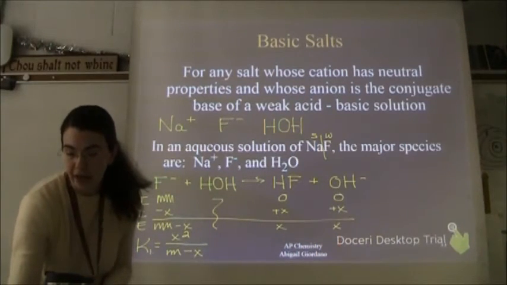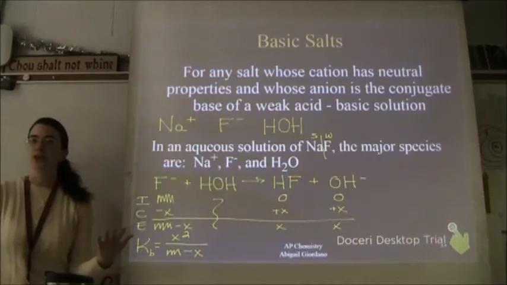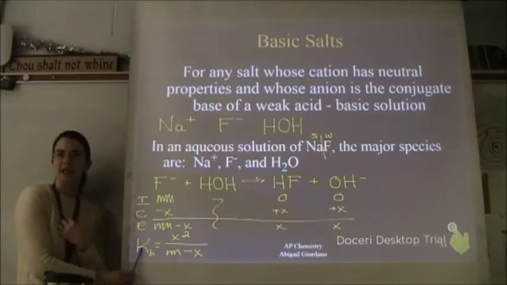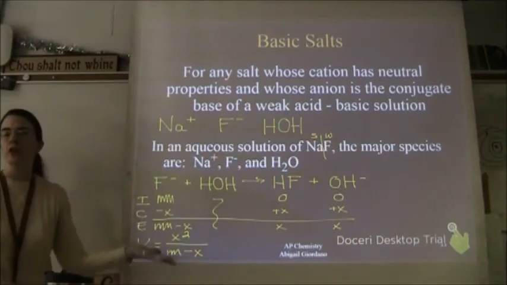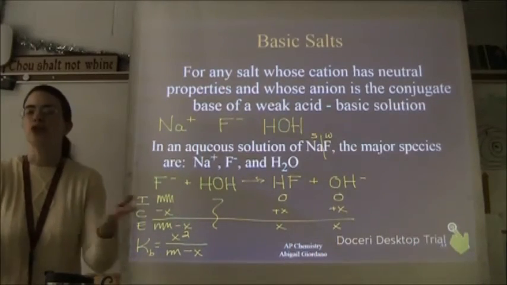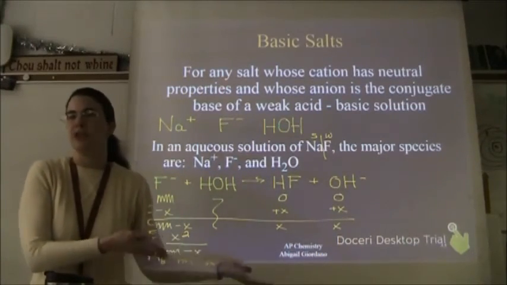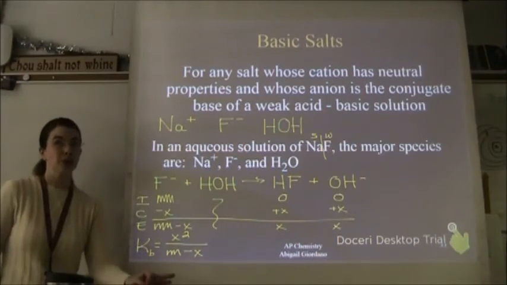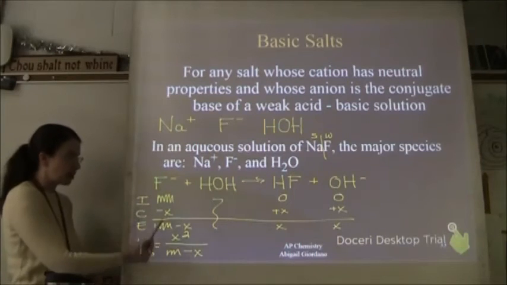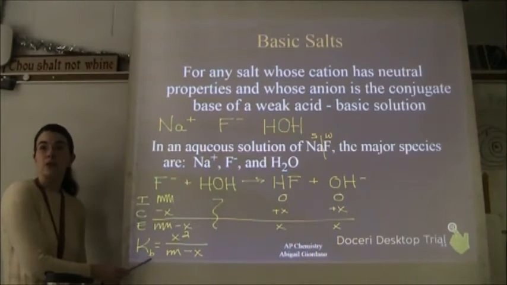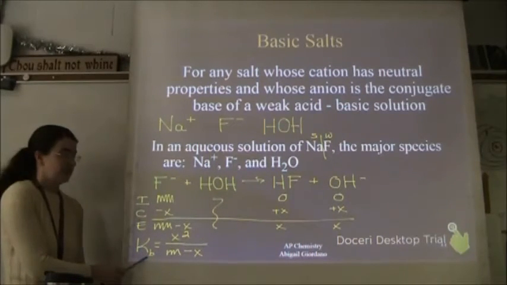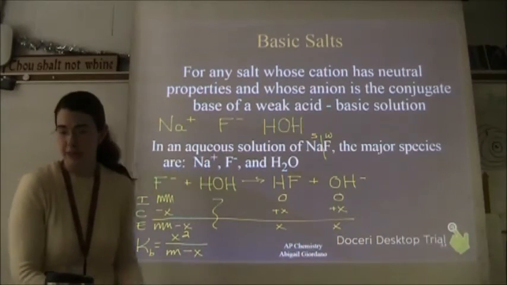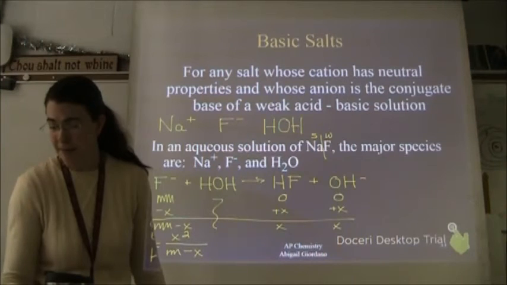Now, you guys have not really had to guess which kind of K you needed, because in all these other problems, you just used whatever K value was given to you. So you didn't really have to think about it. Now you do. Because in a problem like this, I might give you the Kb, but I might give you something else, because I'm just a big jerk and I like to make your lives difficult.